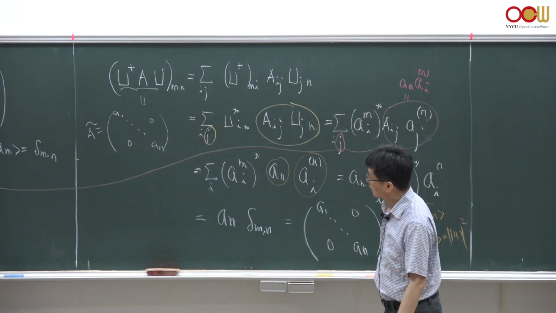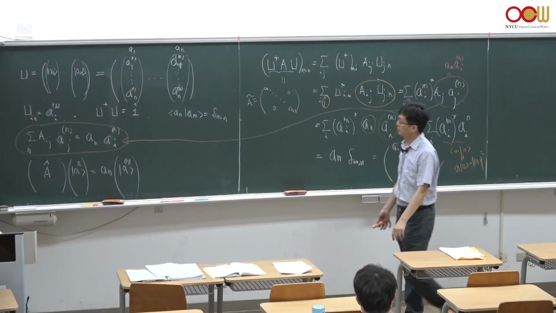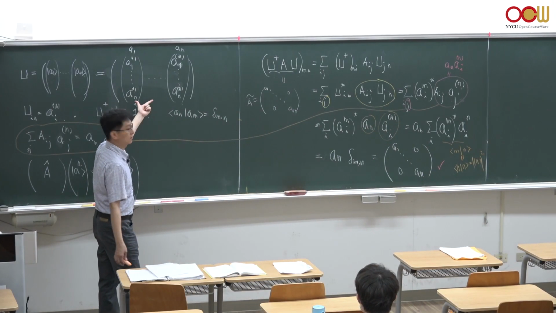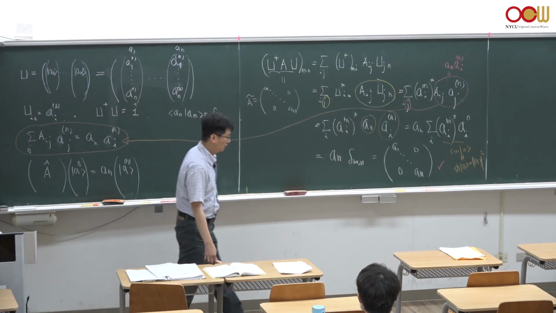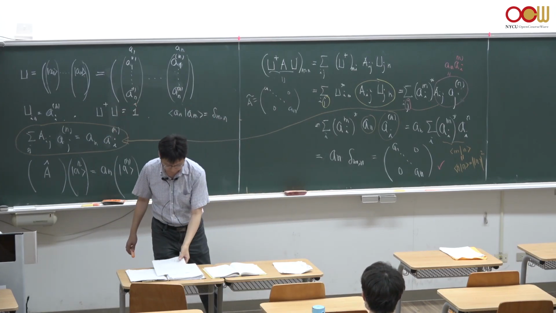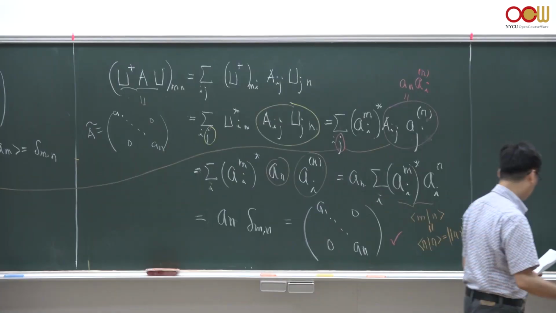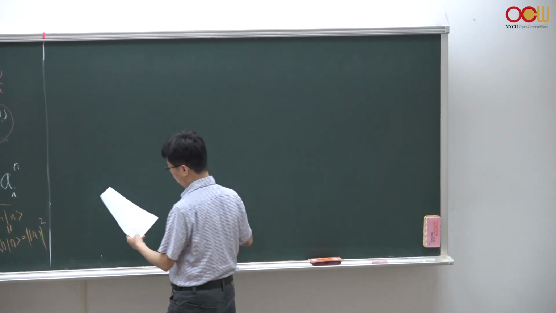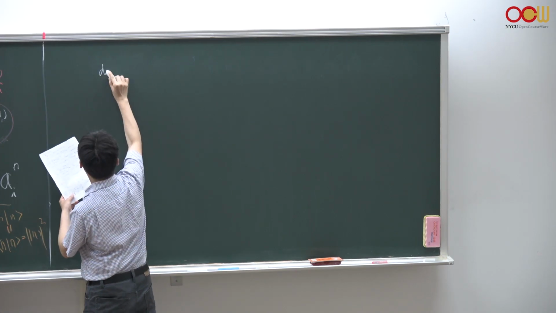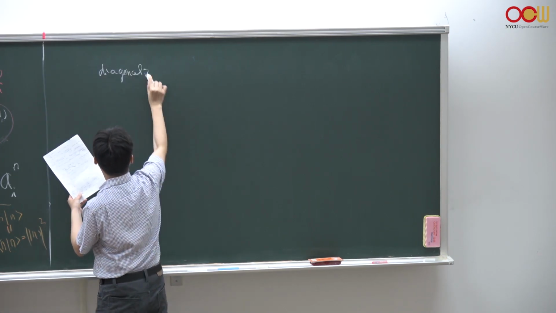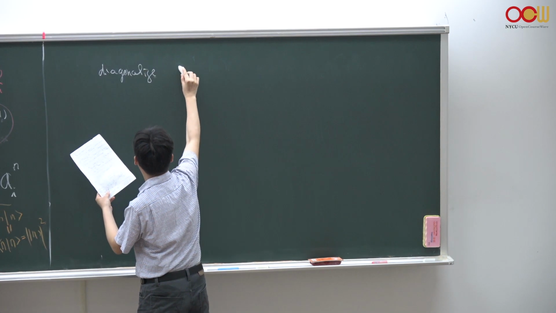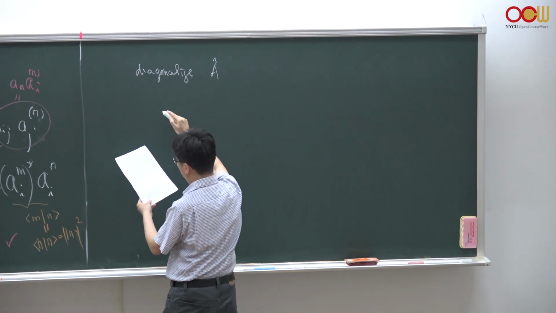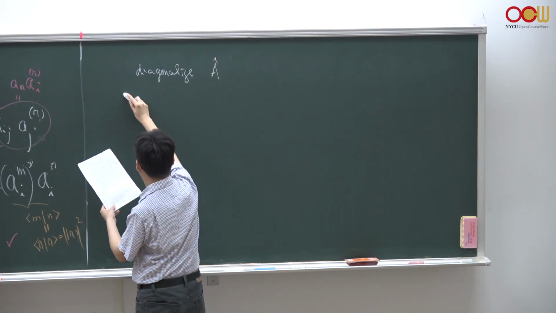Guys, remember, when you diagonalize the matrix, this unitary matrix U could be constructed in this way. Of course, this is not the order that we diagonalize a matrix. What we really want to do to diagonalize the matrix is to do this determinant.